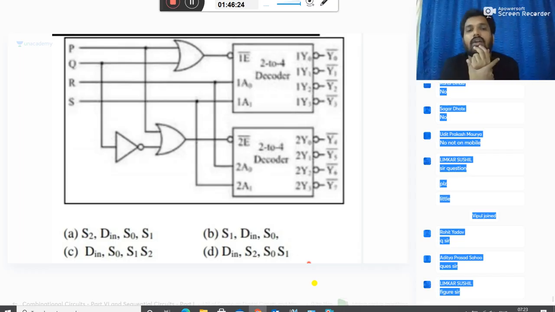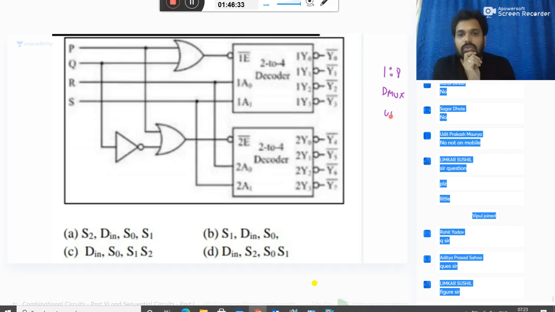So what he wants is a 1 by 8 DMUX using 2 by 4 decoders. What is the meaning of this?